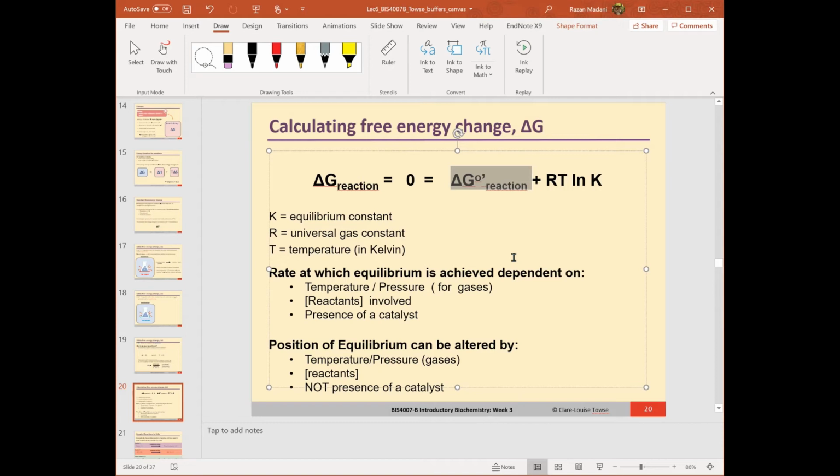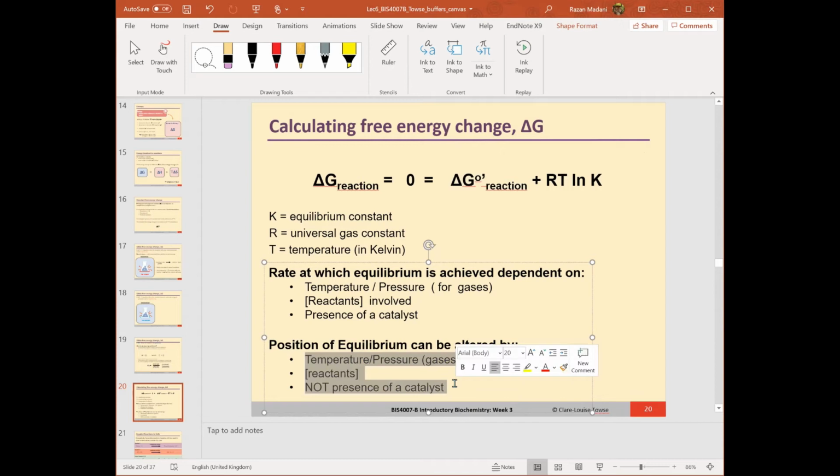Okay, so the rate at which equilibrium is achieved is dependent on temperature, pressure for gas, reactant involved, and presence of catalyst. So these are just factors. And the position, if you remember when we used to have to write statements in A-level, the position of equilibrium will move from the left to the right. Do you remember this? Yeah. It's talking about these specifically.